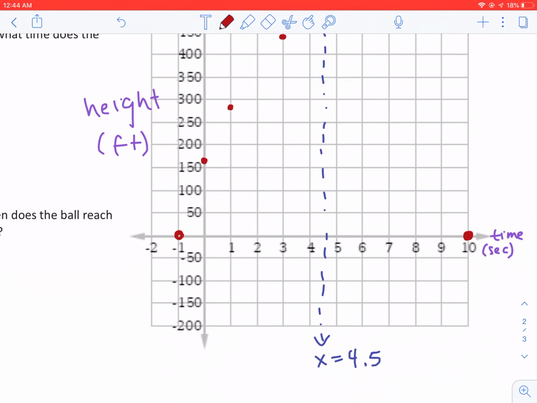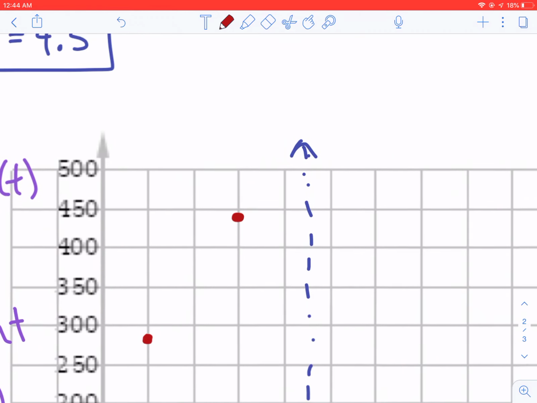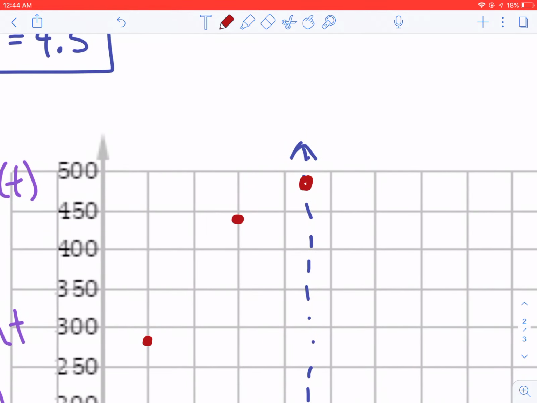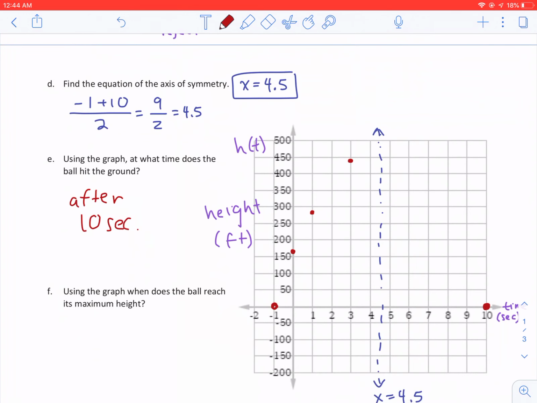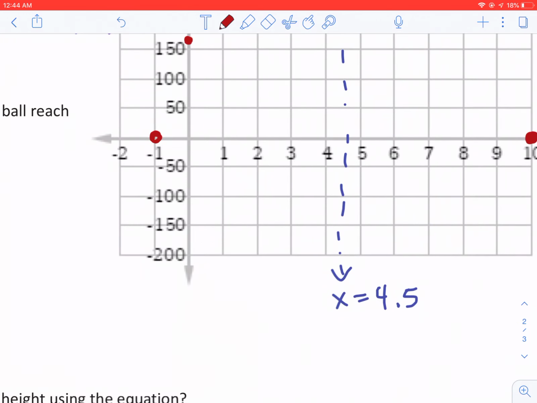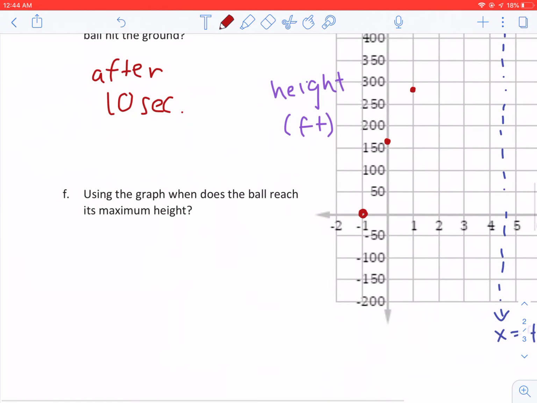Well, I have the axis of symmetry here. I know the max height is going to be somewhere on this axis of symmetry, whether it's there or there or there. To find the max height, let's plug in 4.5. After 4.5 seconds, that's when it reaches the max height.